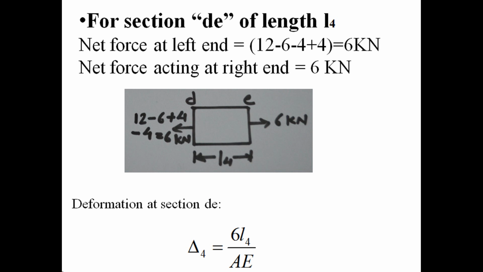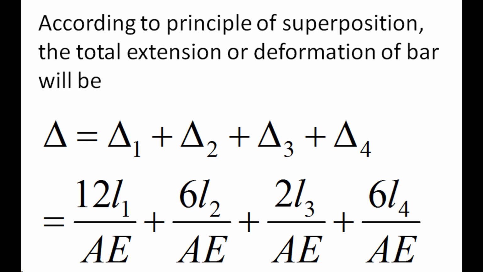So the section DE of length L4 is subjected to a tensile force of 6 kilonewton. In that condition, the extension at section DE, denoted by delta 4, is equivalent to 6 L4 by AE. So this was the deformation or extension for the four different sections.